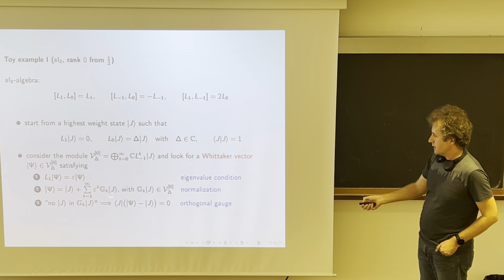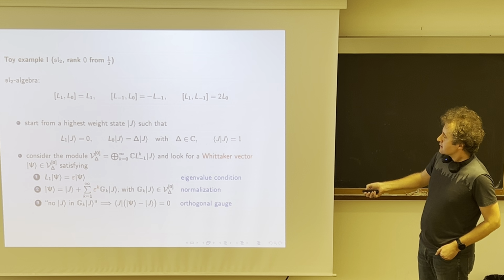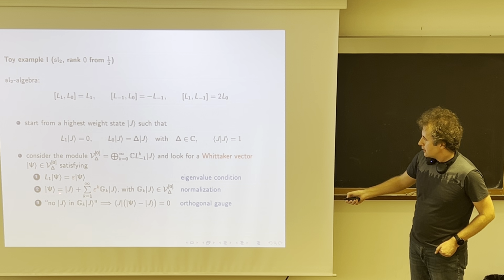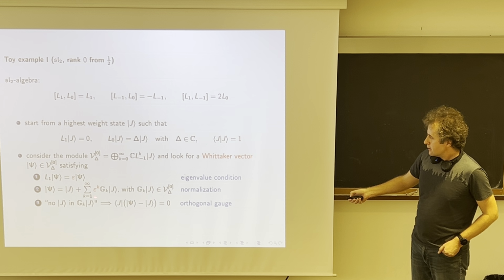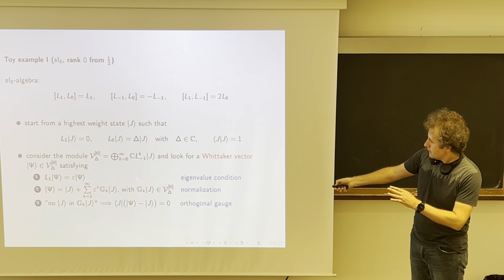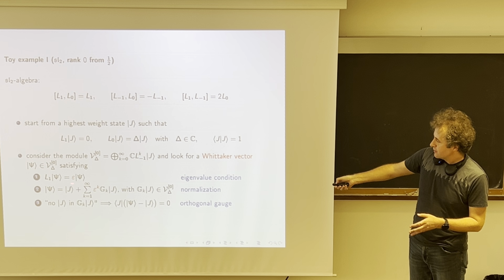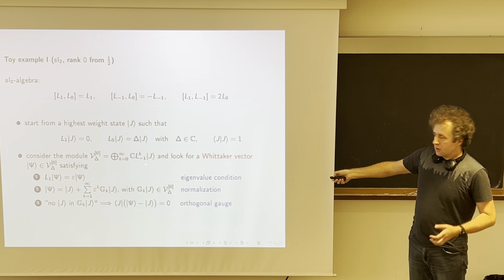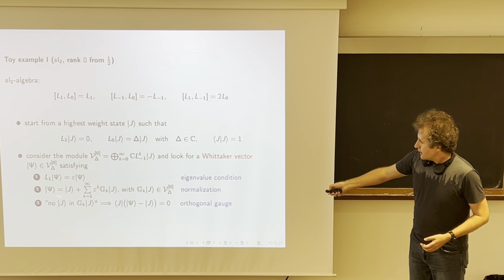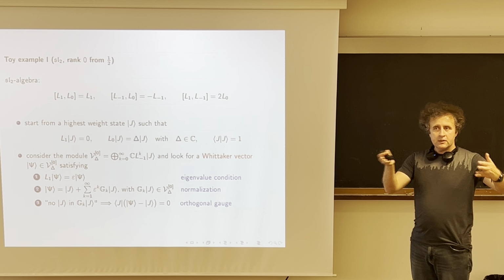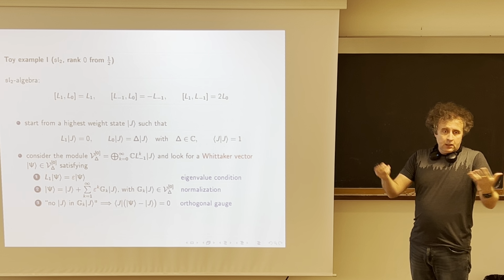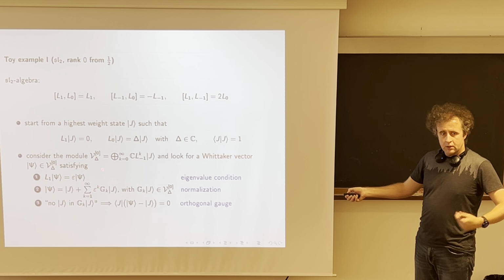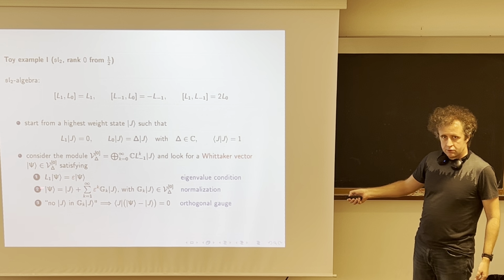But this normalization still contains an ambiguity, because if I multiply this by a formal series in the parameter epsilon with coefficients in this highest weight module, starting just from the identity, I still get a series of the same form. So I still have some freedom, some ambiguity in this choice of psi.